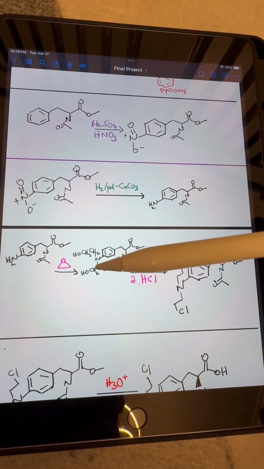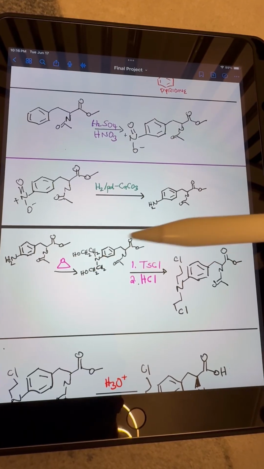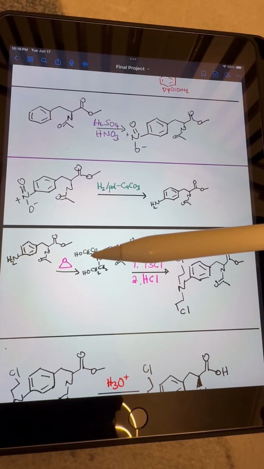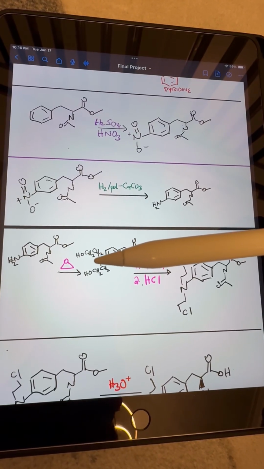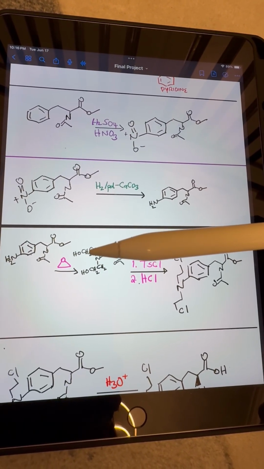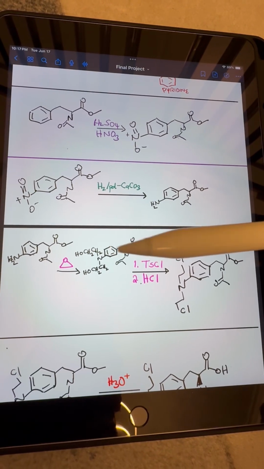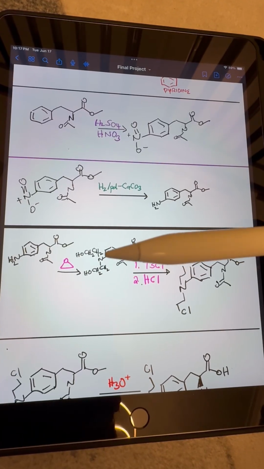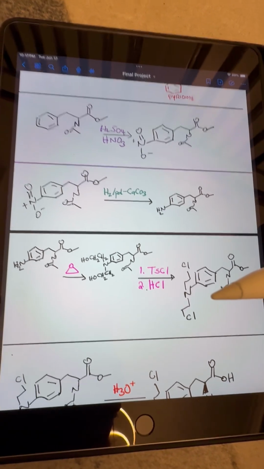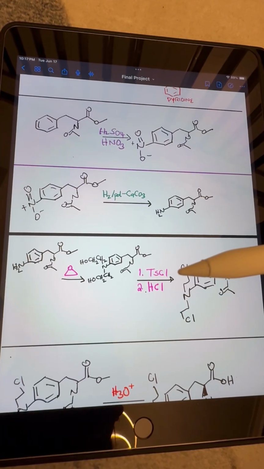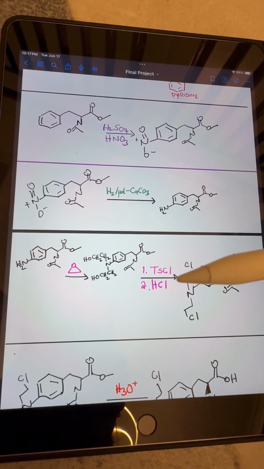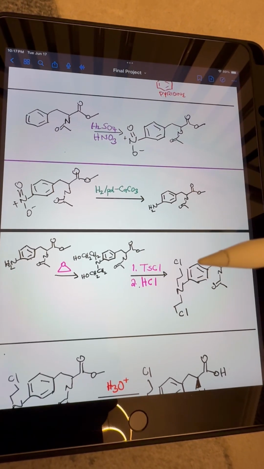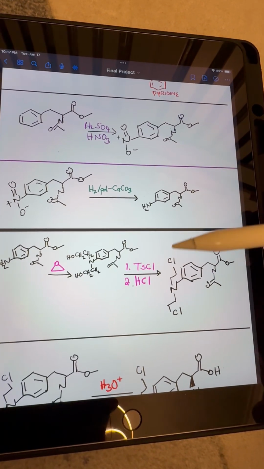Using epoxide gives me an opportunity to add extra alcohol groups, like these two on the nitrogen, so CH2OH on each side. And then I used TsCl and HCl, basically tosylate, to give me the chlorine here.